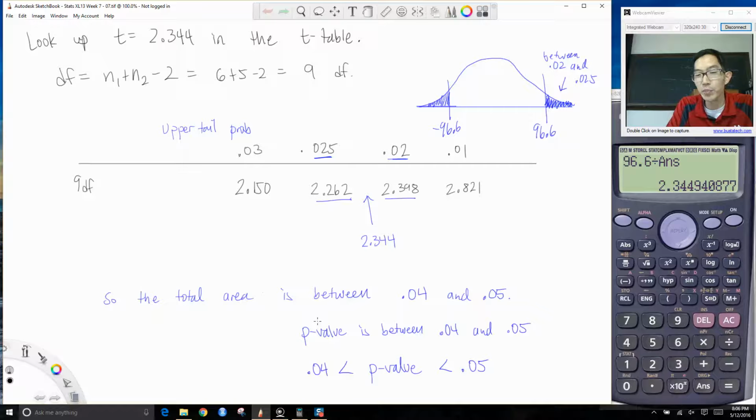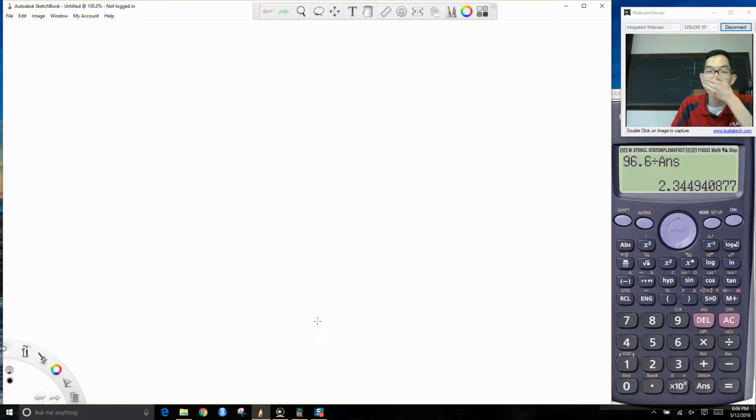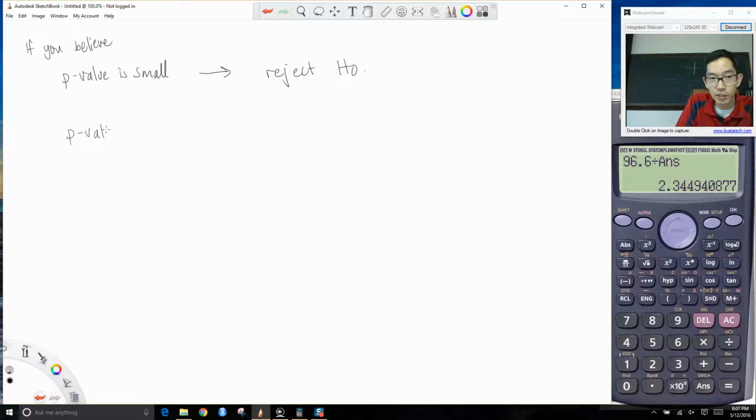So we got a p-value between 4 and 5%, and the guidelines are, if you believe that your p-value is small, then that means you reject the null hypothesis. And on the other hand, if your p-value is large, do not reject the null hypothesis.